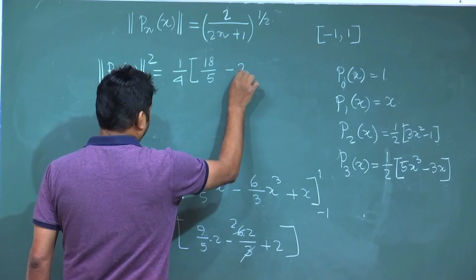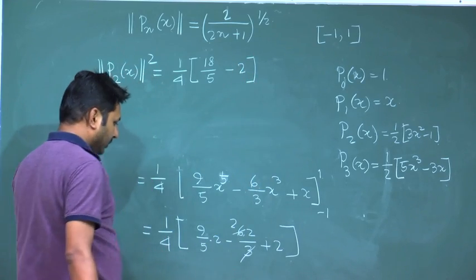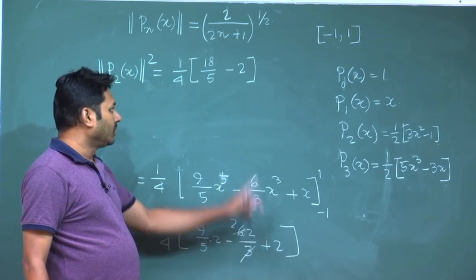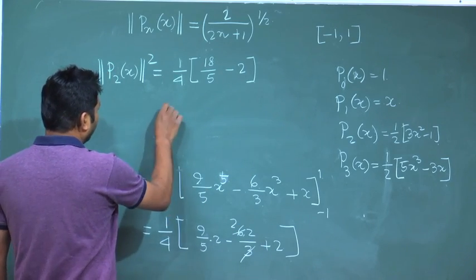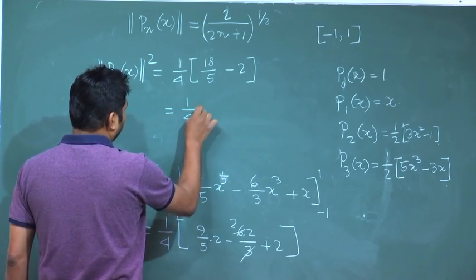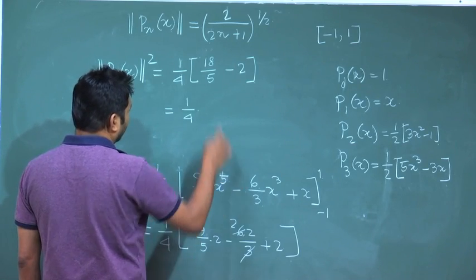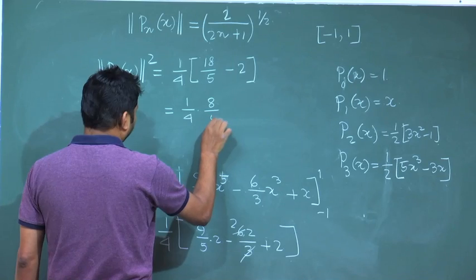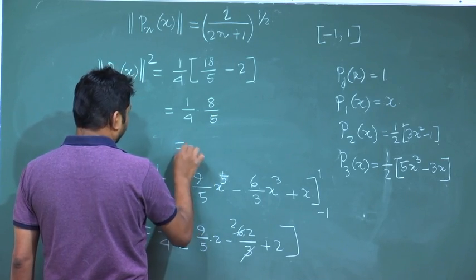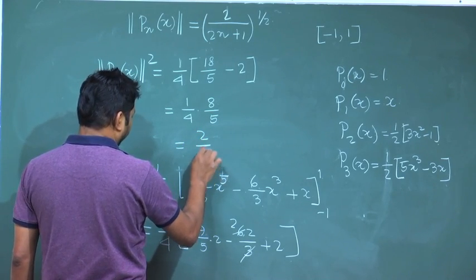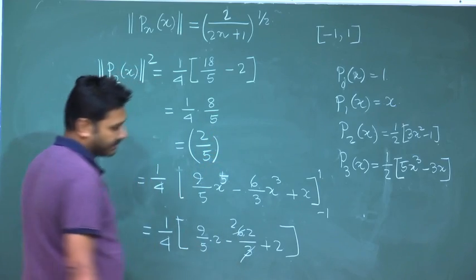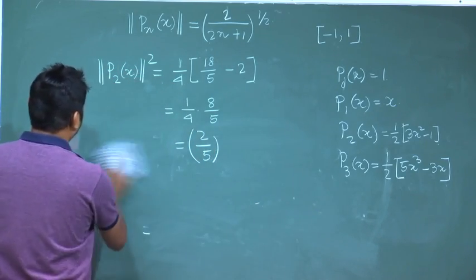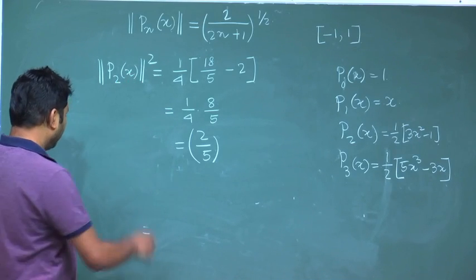So, this is minus 4 plus 2, I will have minus 2. Now I will have 1 by 4 into, 5 into 2 is 10, so 8 divided by 5, and it will be nothing but 2 divided by 5. This value finally I am getting. So, this 2 divided by 5 is the value of the norm square of P2.